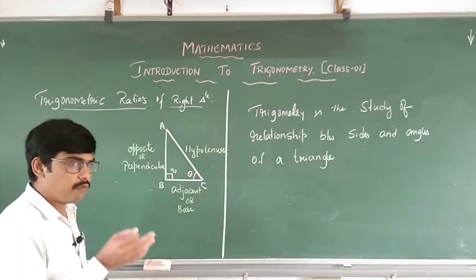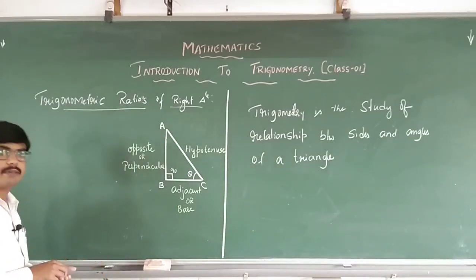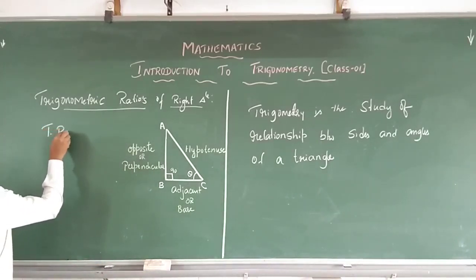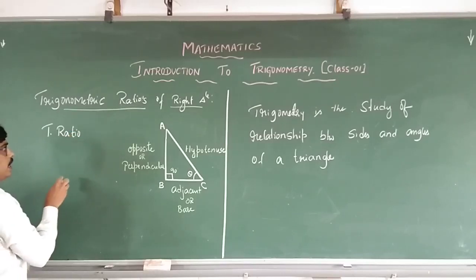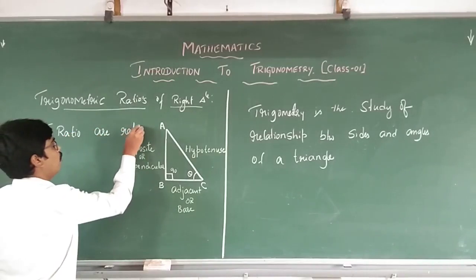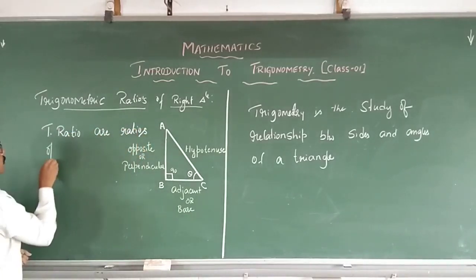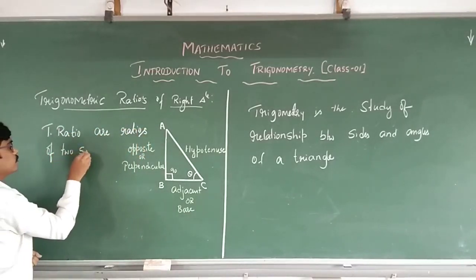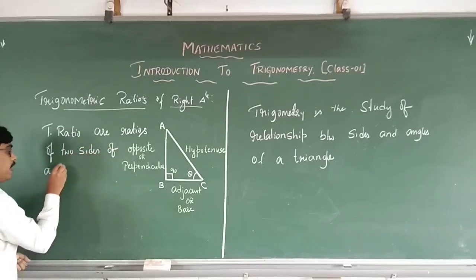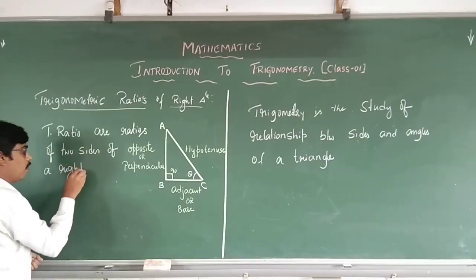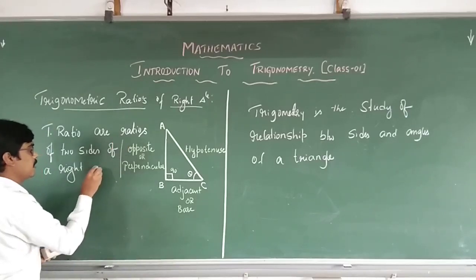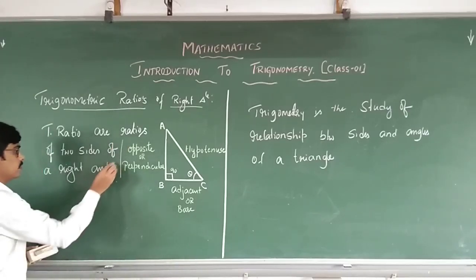What do we mean by trigonometric ratios? First let me write the definition. Trigonometric ratios, shortly we write T ratios. T ratios are the ratios of two sides of a right angled triangle.